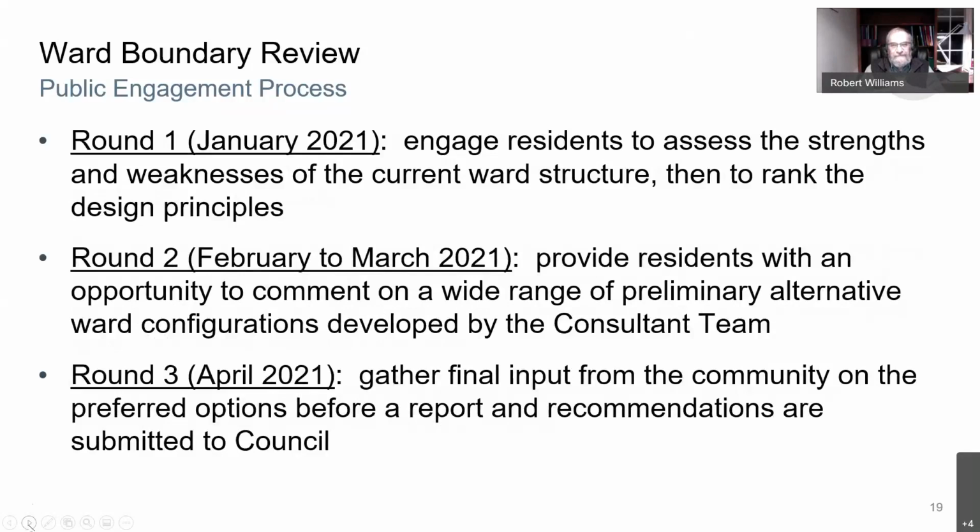So, as Bob was saying, there's 3 rounds in this initial part of the boundary review. The first round, where we're in the middle of right now, is the broadest general sort of statement. We're looking for you to give us some ideas about what you think about the existing ward system. Tell us about the strengths and weaknesses, or boundaries in your ward that you don't think make sense.